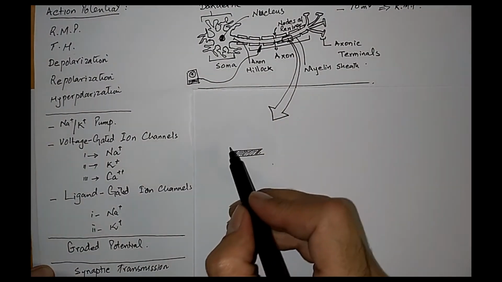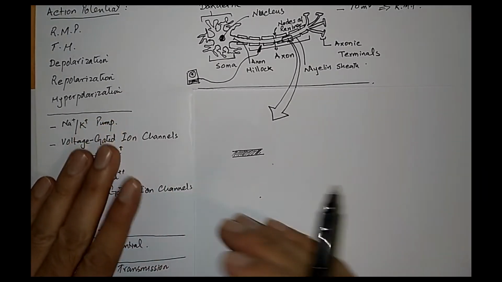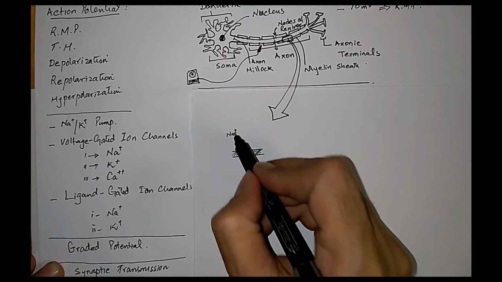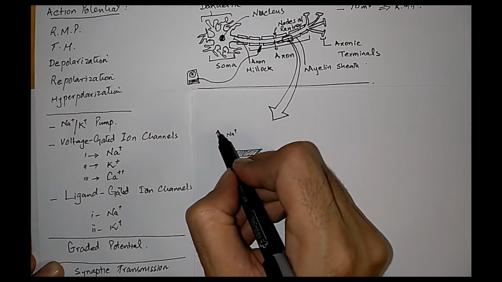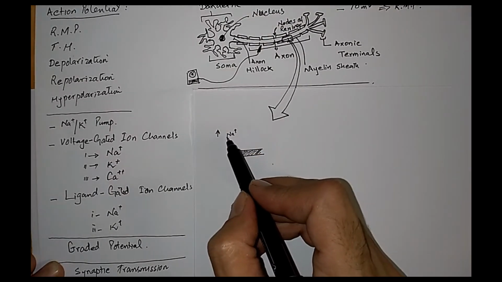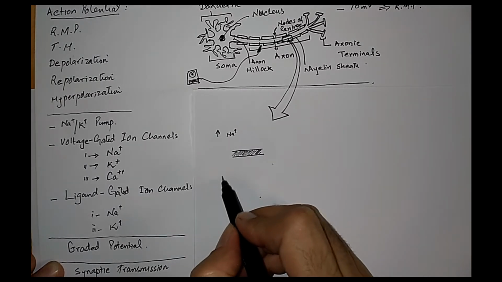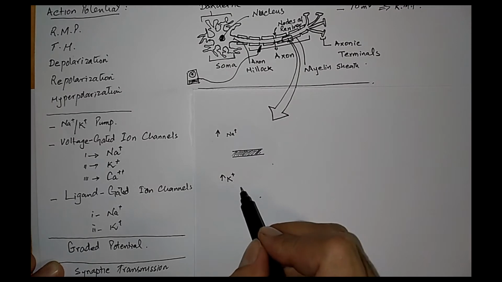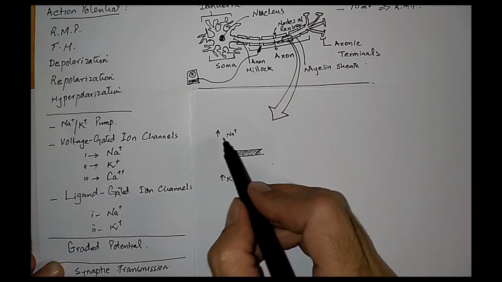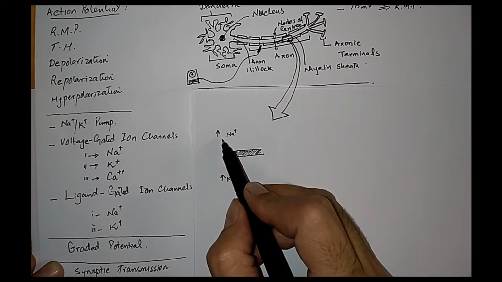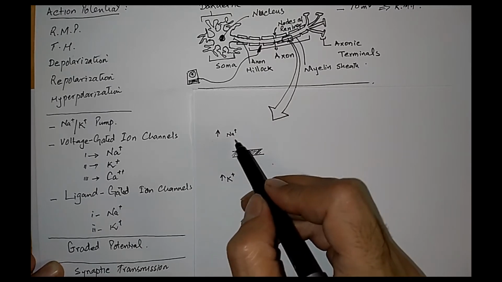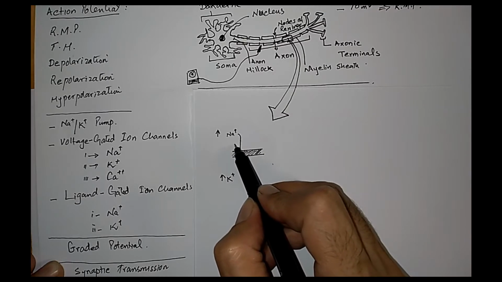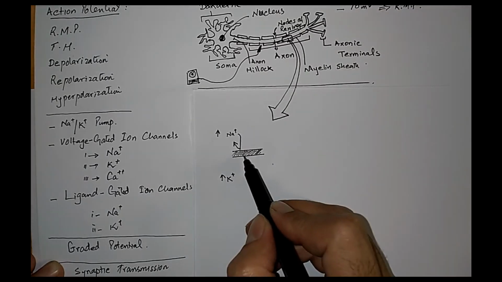So we can notice that when there is no electrical current going on, there are more sodium ions present outside. The higher concentration of sodium ions is present outside of the neuron, and the higher concentration of potassium ions is present within the neuron, right? So that gradient is higher outside, due to which the sodium tries to move into the cell but cannot, because this membrane is not permeable.